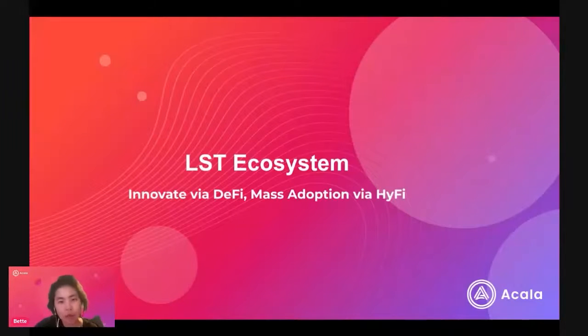The LST ecosystem, so the liquid staking ecosystem. The thinking behind this, the thesis, is: if you think about all the chains out there, there are many L1s, well, L0s, if you like. Proof of stake is dominating, and I think it's going to be the trend to provide security for those networks.